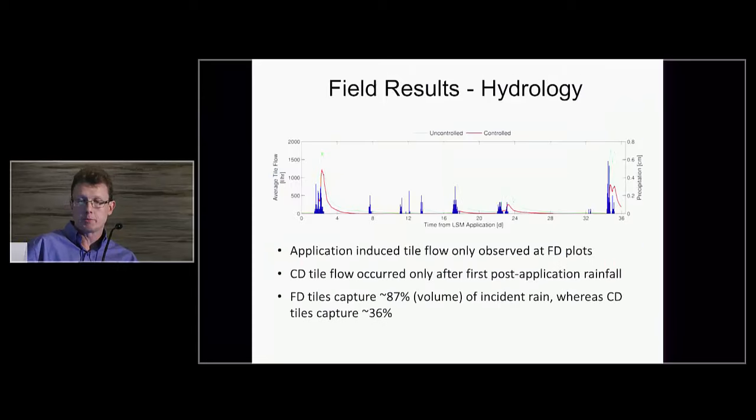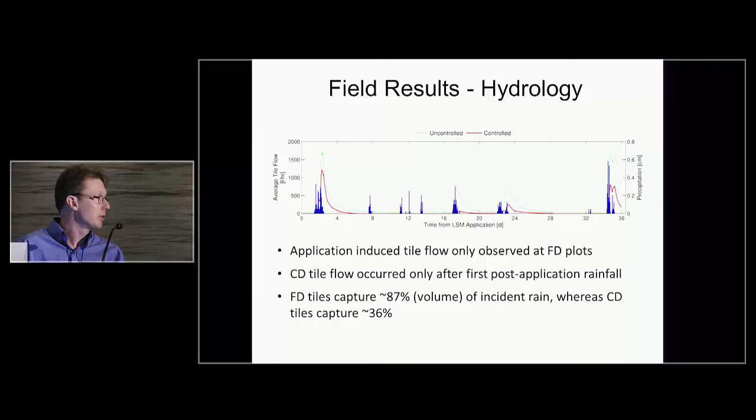So now, just briefly, we're going to look at some results from the field study. And the blue bars, that's the precipitation. So this is a 36-day monitoring period. We get periodic precipitation, and we're looking at the discharge out of the control drain plots and the free drainage plots. And as you can see, the free drain plots flowed continuously over the 36-day monitoring period.